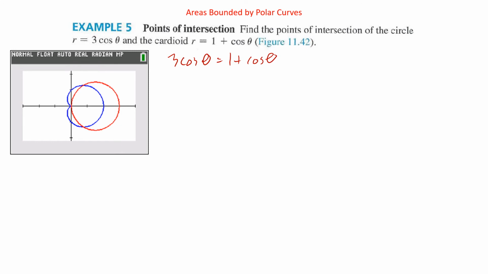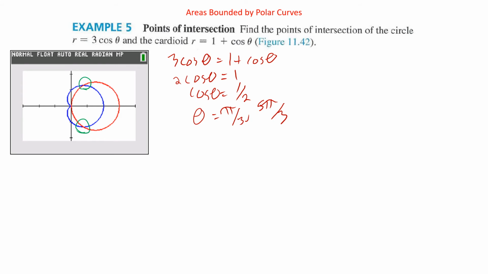We can subtract a cosine theta to get 2 cosine theta equals 1. So cosine theta equals 1/2, which cosine equals 1/2 when theta equals pi over 3 and 5 pi over 3, which give us this intersection and this intersection.